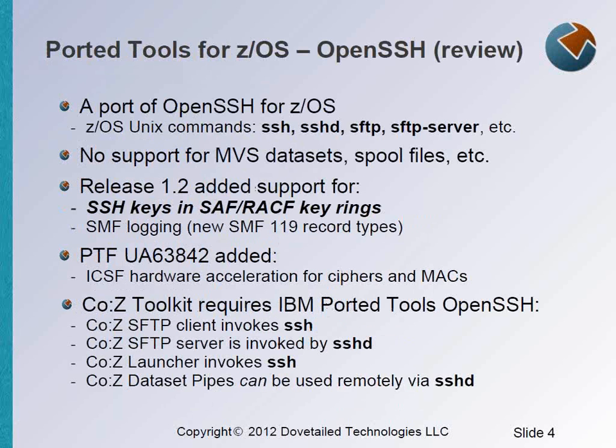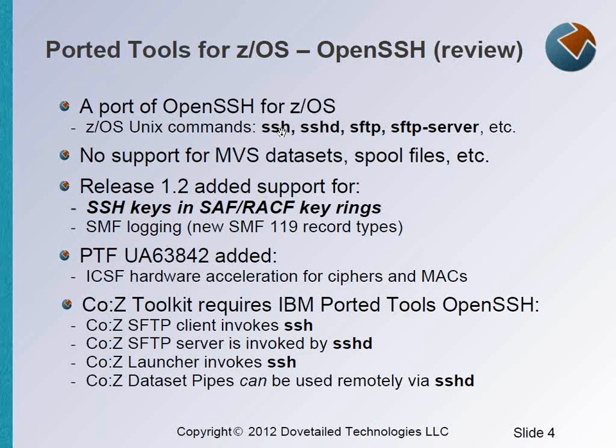Speaking of Ported Tools OpenSSH, this is a bit of a review from last time. Recall that being a port of OpenSSH, it has all the familiar stuff that you would see in any OpenSSH implementation. If you looked at OpenSSH on Linux or Unix or even Windows under Cygwin, you would see these commands. Under z/OS, these are z/OS Unix commands.